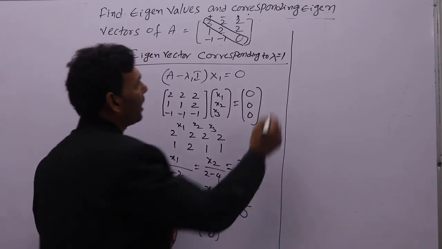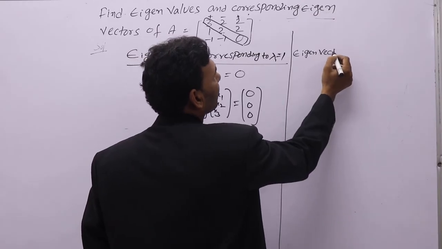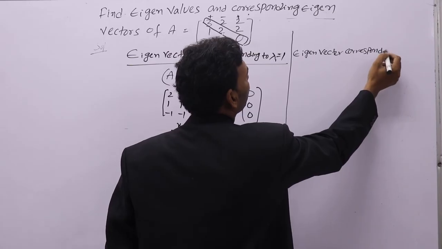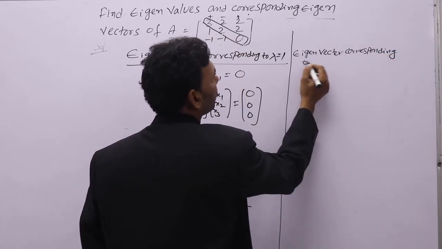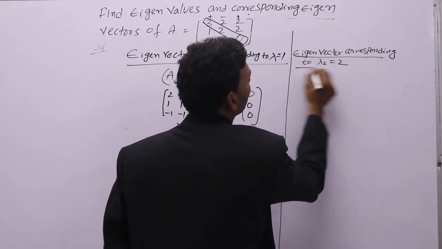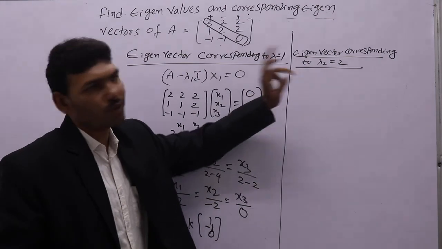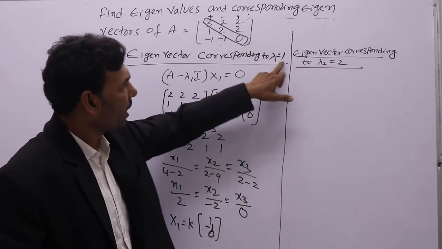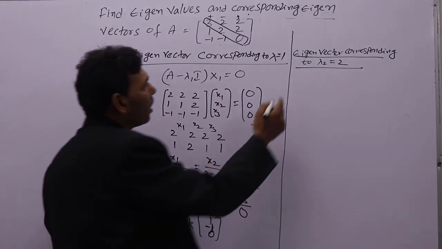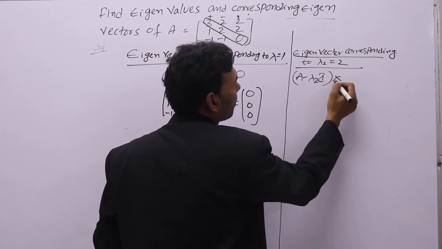Coming to the second one, the eigenvector corresponding to lambda 2 equal to 2. Same heading; here I wrote 1, here 2. Now we need to solve this homogeneous system for non-zero solution.